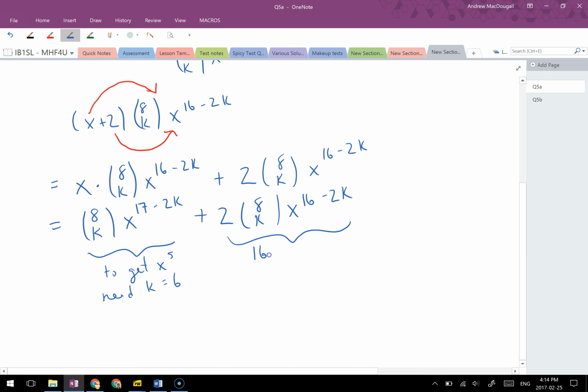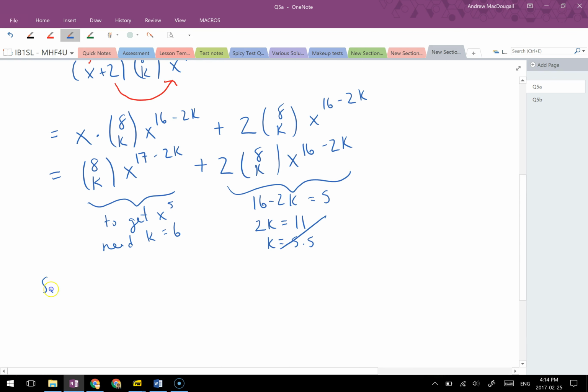No. If we set 16 minus 2k equal to 5, that's like saying 2k is 11, or k is 5.5, which we don't accept, because these k's represent term numbers, which need to be integers. Okay, so any x^5 term comes from 8 choose k times x^(17−2k) when k is equal to 6.